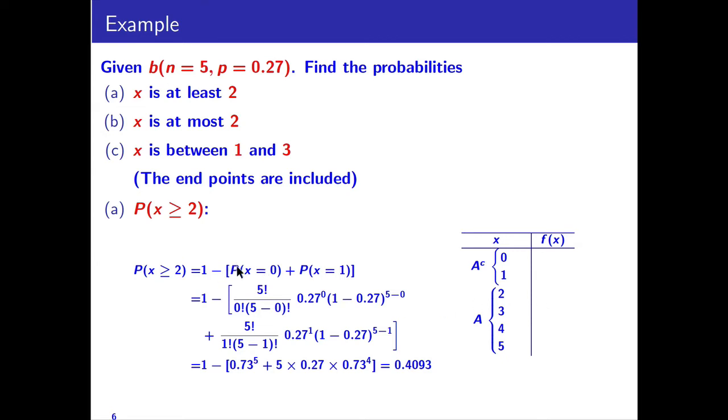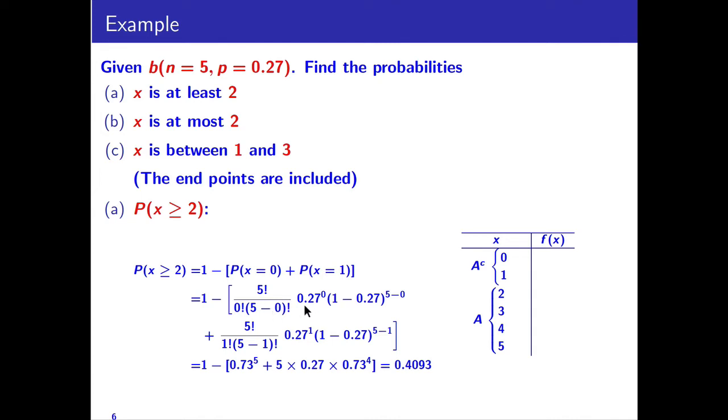And for the probability of x equals 0, we use the equation. So you have n factorial, which is 5 factorial, over x factorial, which is 0 factorial, and then n minus x, which is 5 minus 0 factorial.